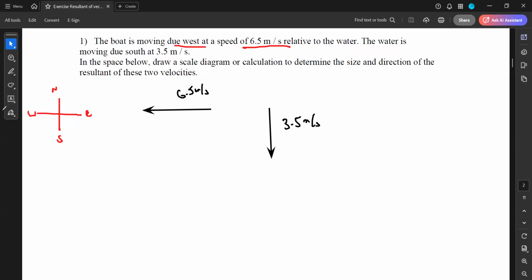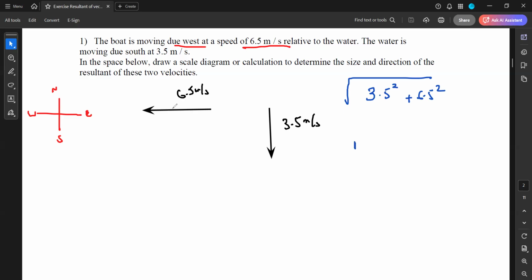How to determine the size or the magnitude of the vector when they're perpendicular? We use the Pythagoras theorem, that is the square root of 3.5 squared plus 6.5 squared.